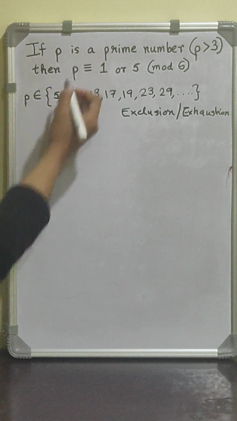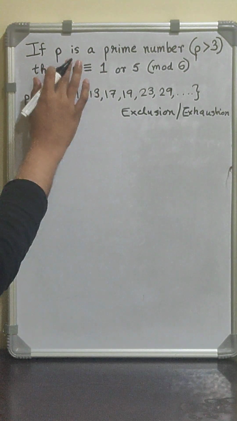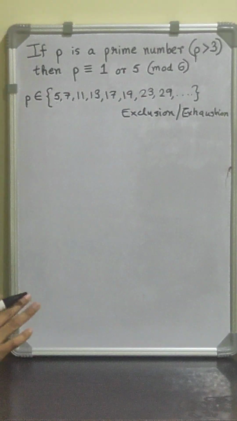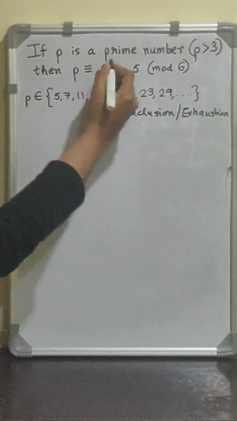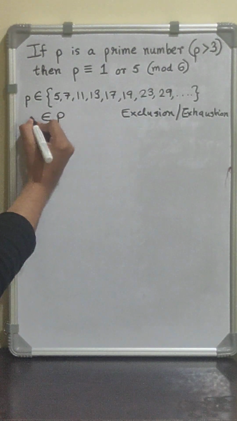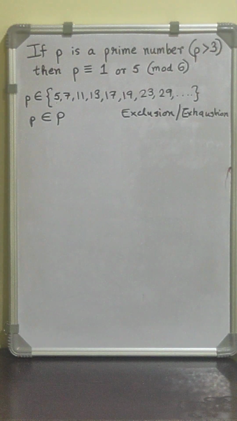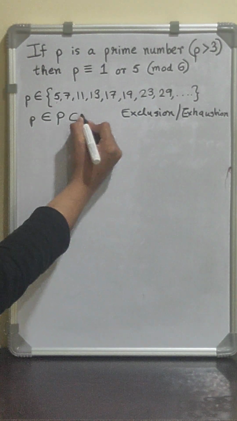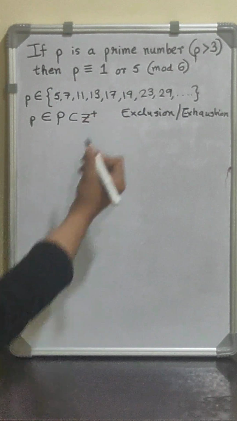But to do that, I will first define what a prime number greater than 3 is. If this set is capital P, and the prime number belongs to this set, then the set of prime numbers is a subset of the set of all positive integers.